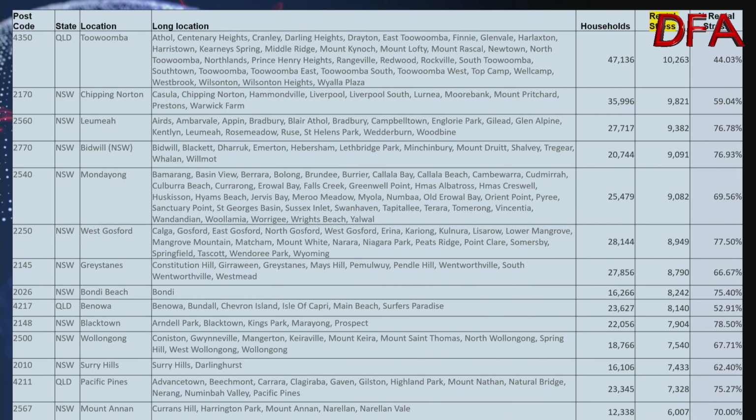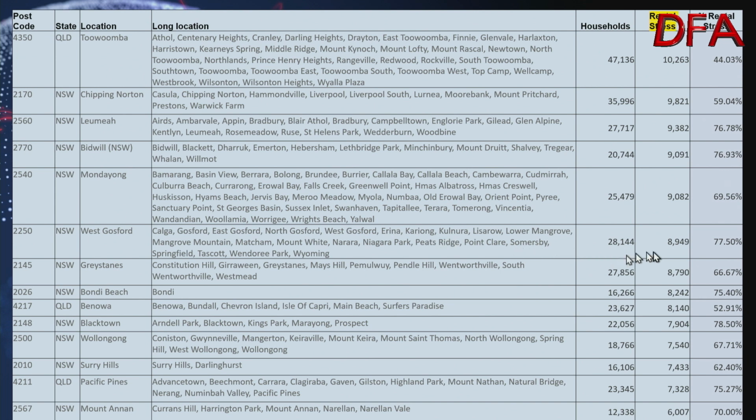And we did mortgage stress. Why don't we just look at rental stress, because that's quite an interesting story too. So this is Toowoomba at the top, Chipping Norton, and then New South Wales, around Rose Hill and places like that. And then we go to Bidwill and places like that. Notice also that we are starting to see, for example, Gosford, places like that, right, the Central Coast.